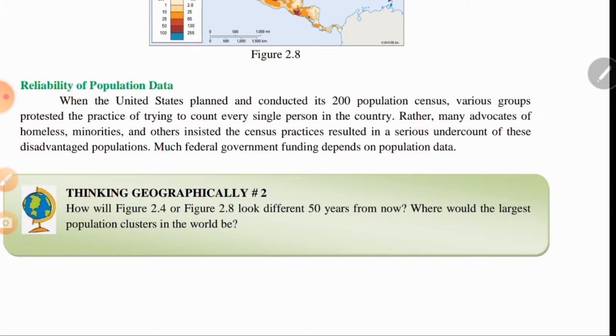Siyempre, kung hindi naman lahat ng yung nakikita nating mga nakatambay sa streets ay sila ay citizen ng country. And these advocacy groups urge the census to sample yung population man lang and derive population statistics from these samples.